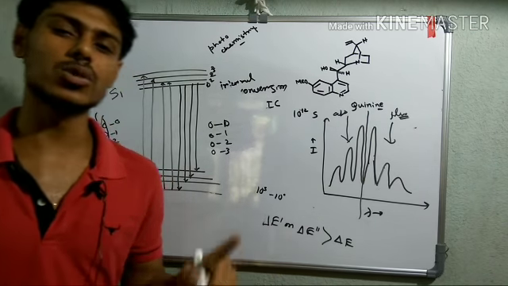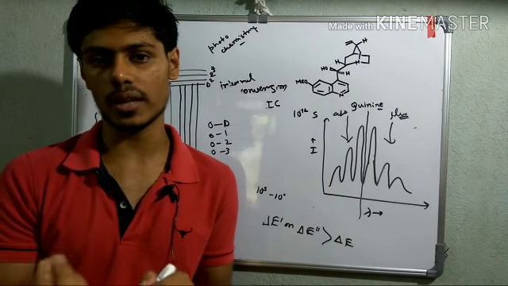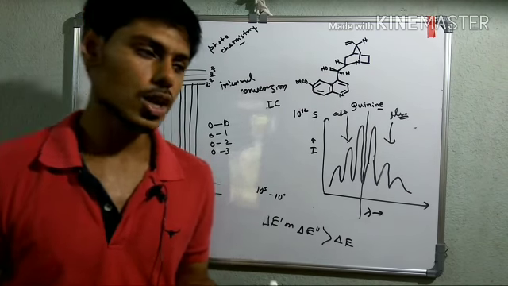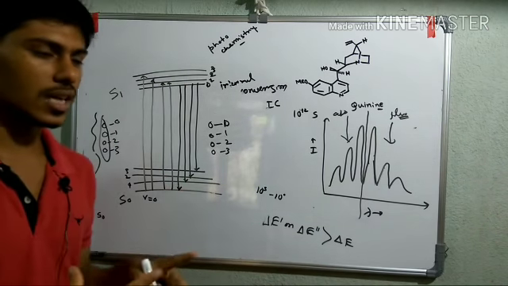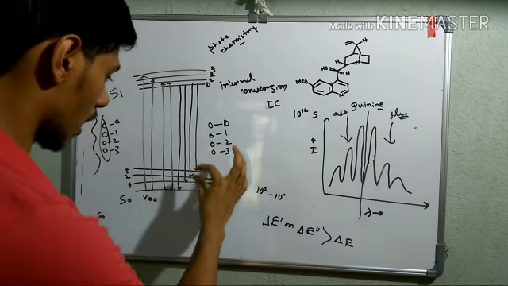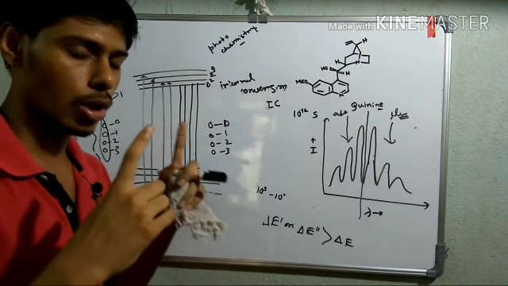During this process there is no chance for a change in the geometry of the nucleus. So the geometry is fixed, and that's why the spacing between vibrational levels for the ground state and the first excited state or any other excited state will be similar.